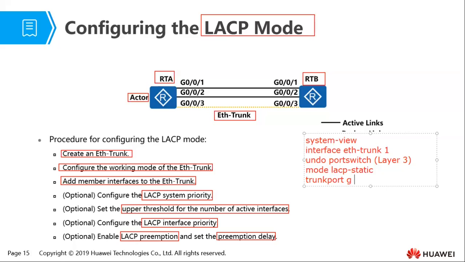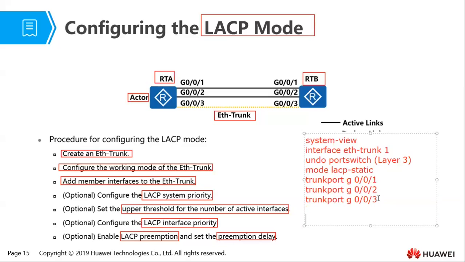So trunk port G0/0/1, trunk port G, for example, 0/0/2, trunk port G0/0/3. So like that. That is how you add interfaces there.